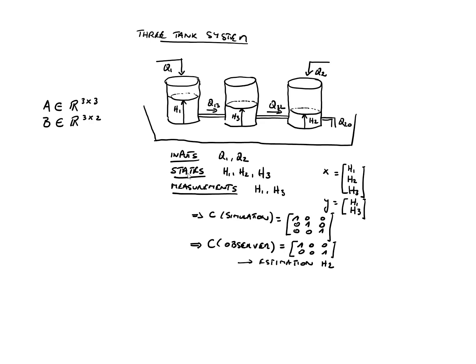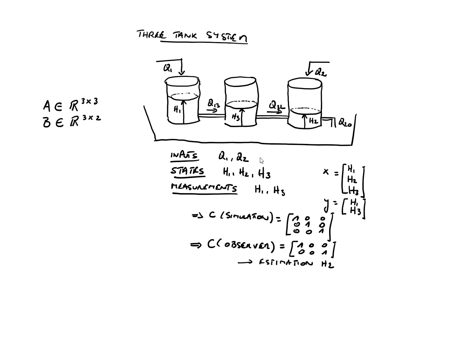There are 3 states, H1, H2 and H3, and we will assume that only the level in tank 1 and tank 3 is measured, so we have H1 and H3 available for measurements.